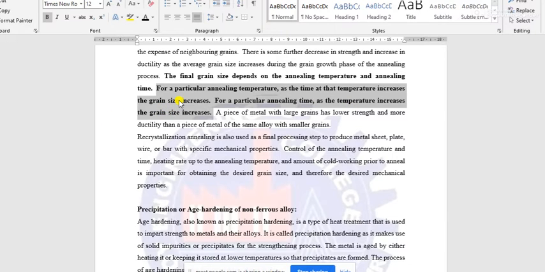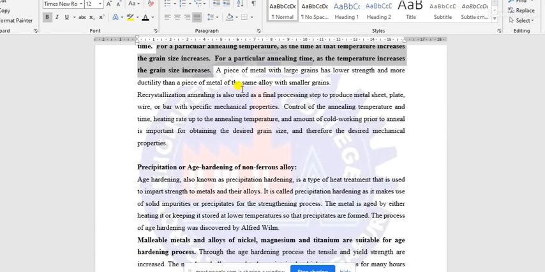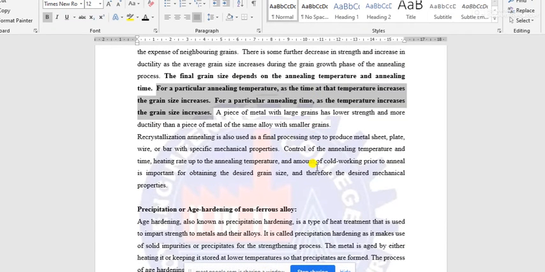That means the new grains formed after recrystallization increase in size as the temperature increases. Or if the temperature is constant, then as the time increases, the grain size will increase. Okay, these are the important points regarding recrystallization.